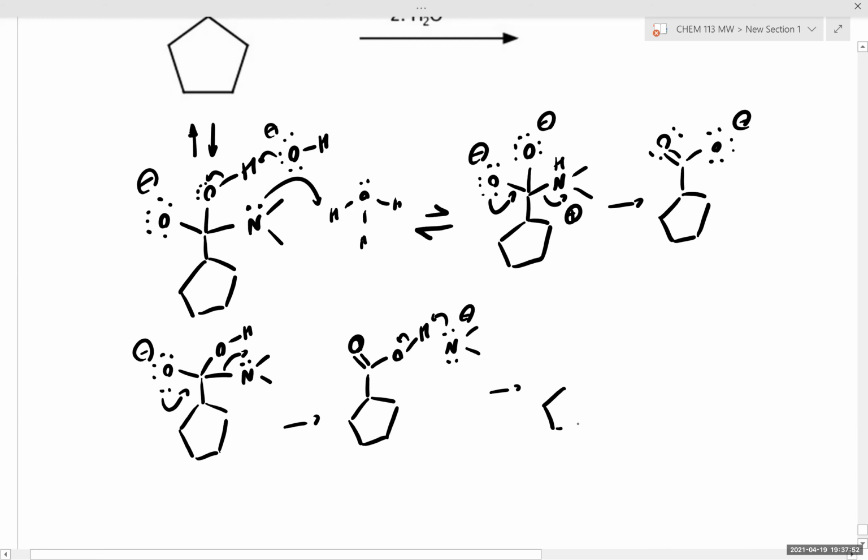And that gives you the carboxylate salt as well. I personally think the second mechanism is fine, but I feel like activating your leaving group before you kick it out is preferable.